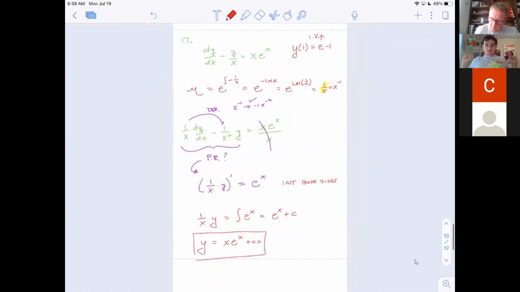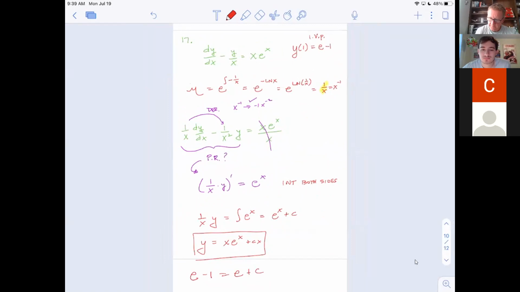So let's see. When I stick 1 in for x, I'm supposed to get out y is e to the -1. So 1 in for x would make this just e, because x is 1. So it would be 1 times e to the 1 plus c times x.